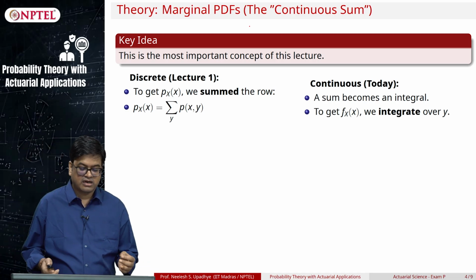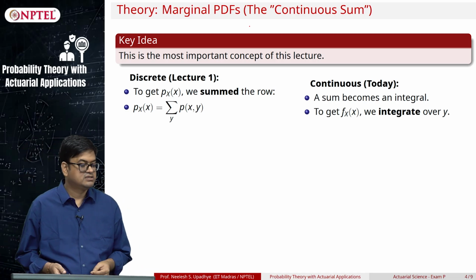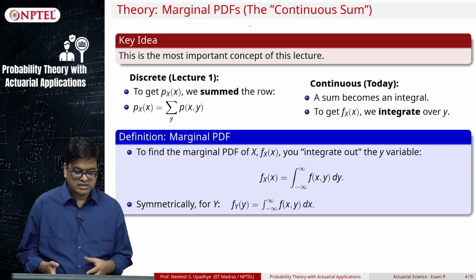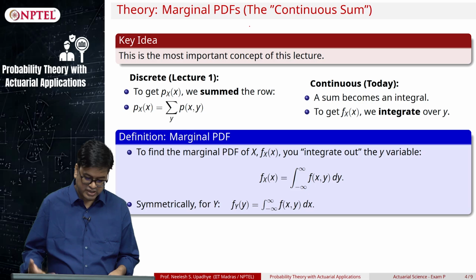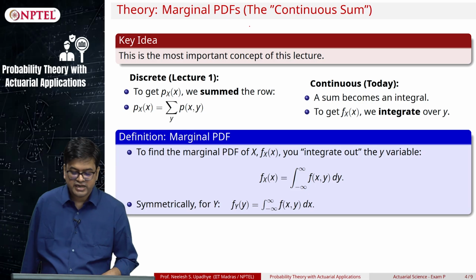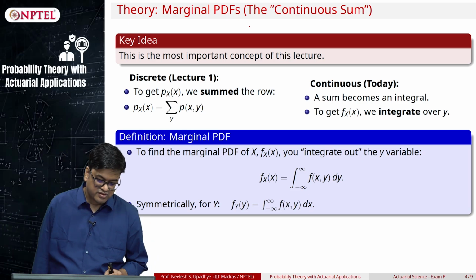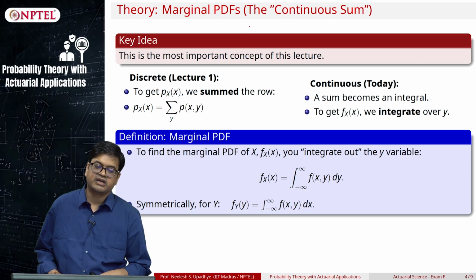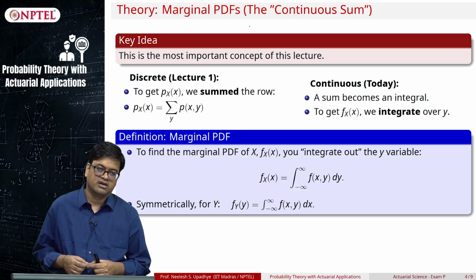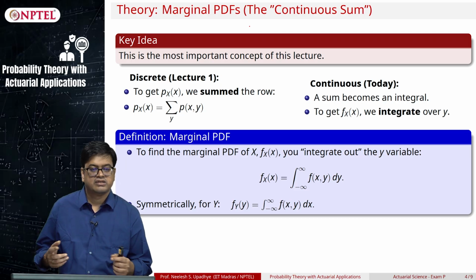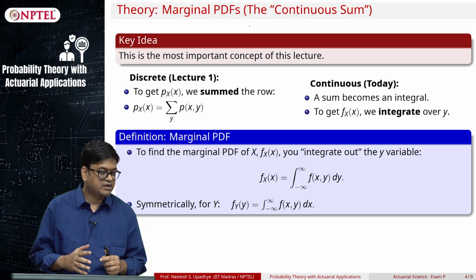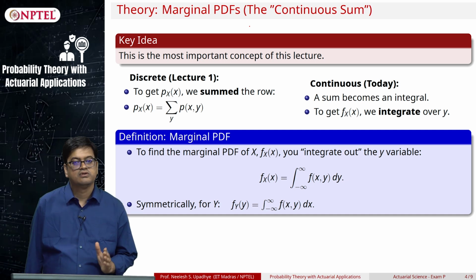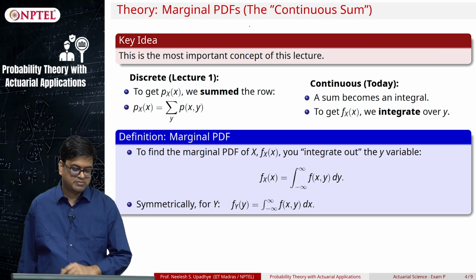That is all. Other than that, the notion is still similar. So what it turns out to be, the marginal PDF, let us say for x, is you integrate out y from this. Okay. And if you want the marginal PDF for y, you integrate out x from this particular PDF. That is all. So this is how you will calculate marginal PDFs.